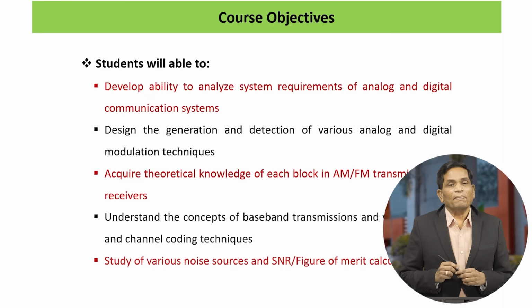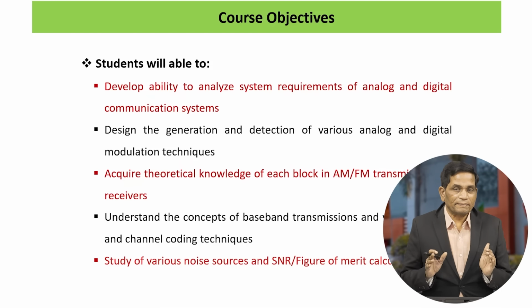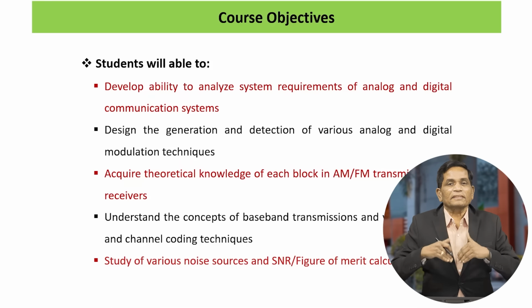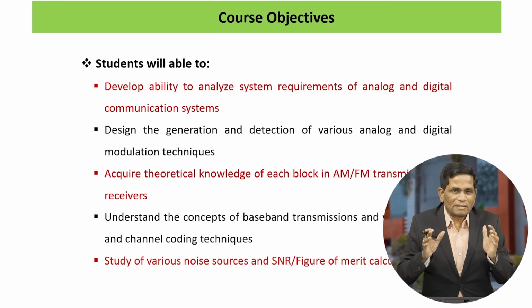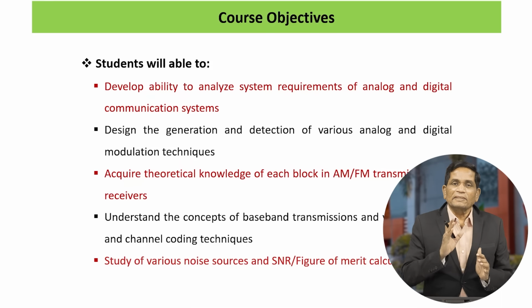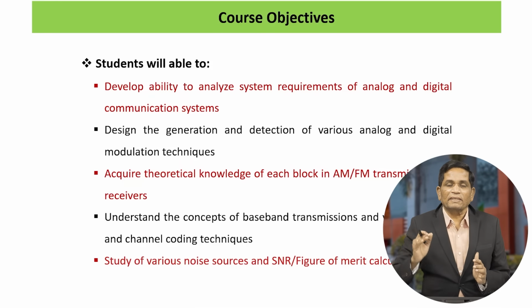Also, the major part in communication is the analysis of a system with respect to noise. Noise is the major important topic in communication system analysis. Whenever a signal is transmitted from one place to another place, it is always affected by noise.